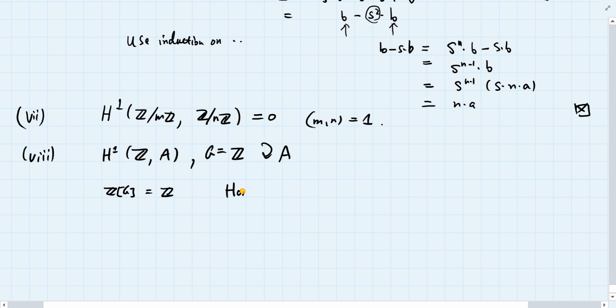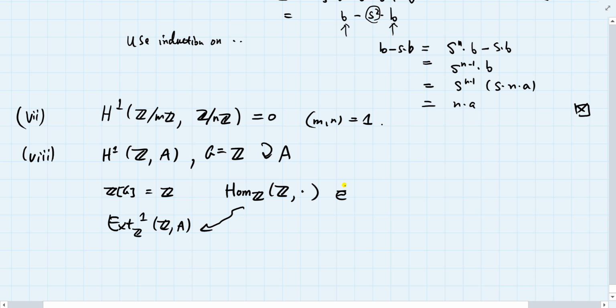So you just consider this functor. I mean, you just compute. You can use this functor to compute, but this is 0.